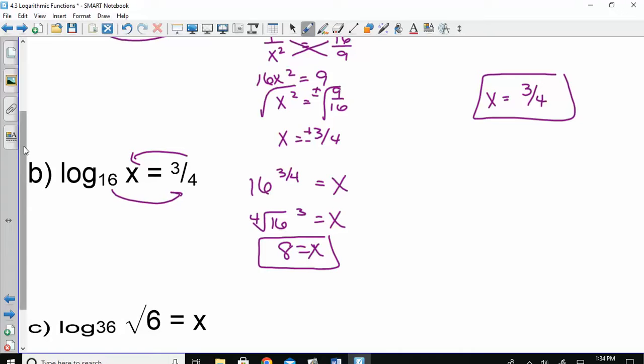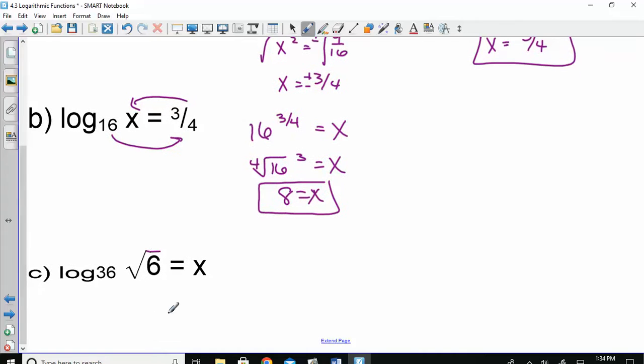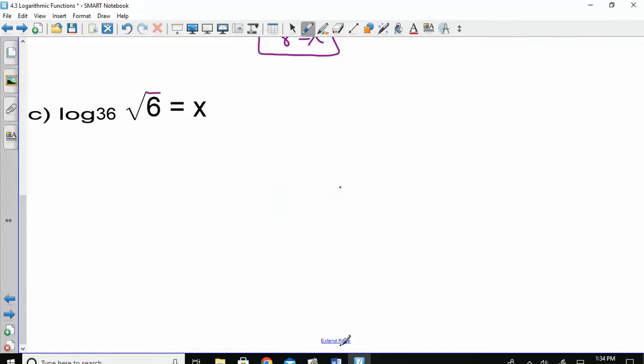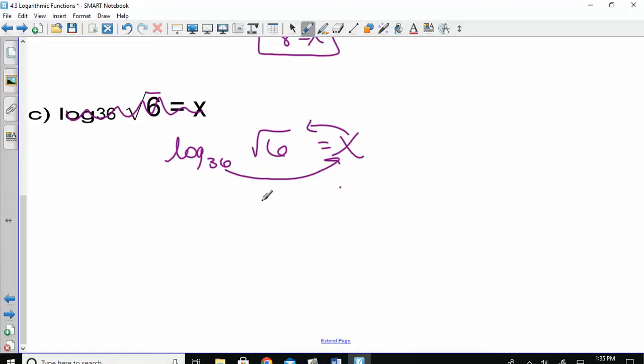Alright, let's try some more. I don't know why my log looks like that, but log base 36 of the square root of 6 equals x. We change that to exponential. 36 to the x equals the square root of 6.